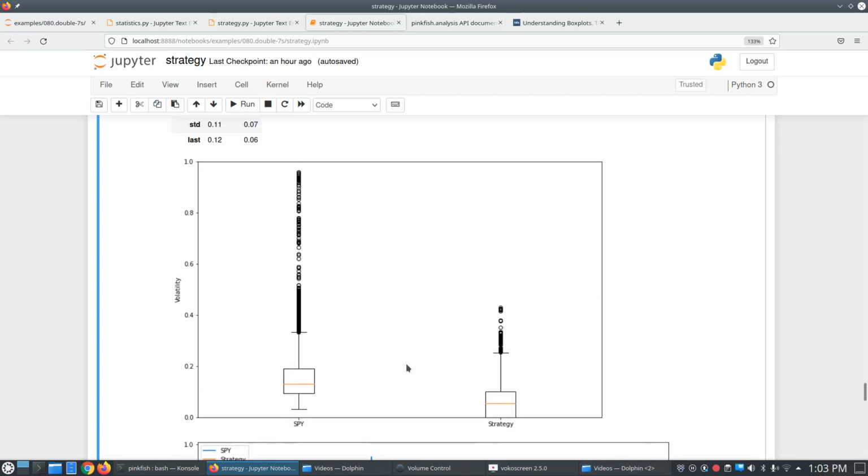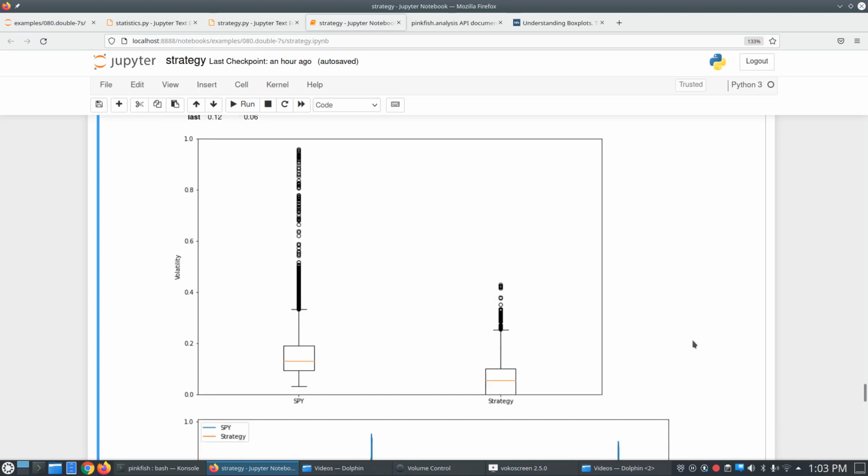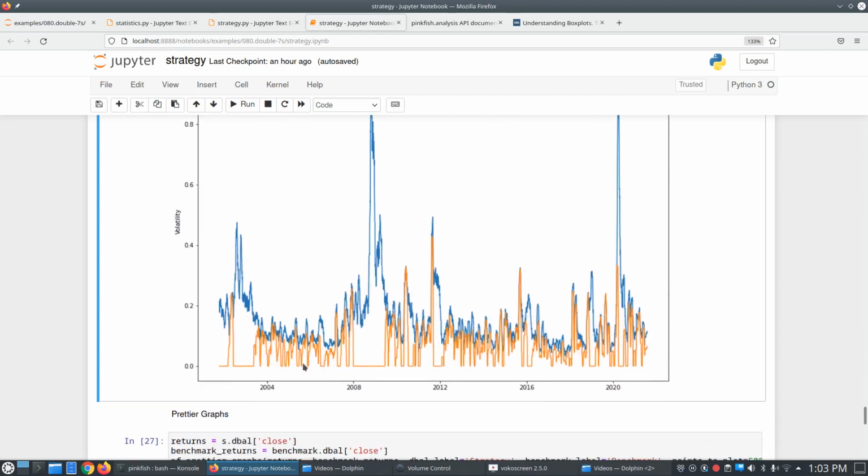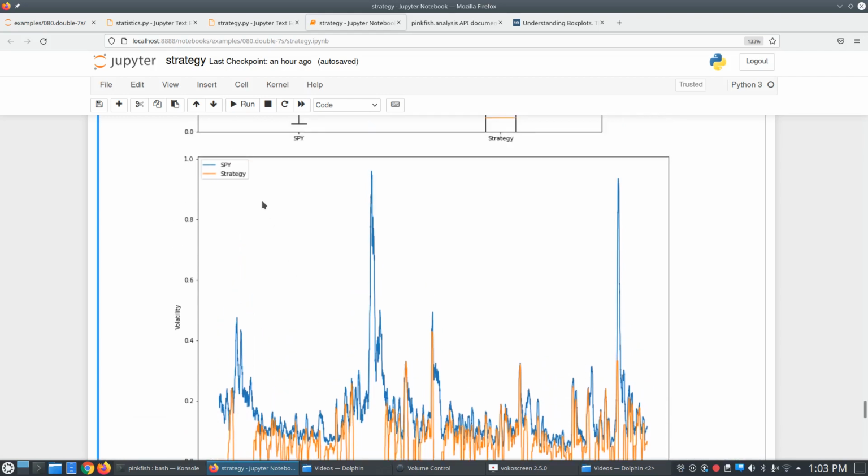I think the most significant thing is all these outliers, though. These are the outliers. They're a lot worse. They're a lot further away from the mean than for the strategy. And there's another graph here that's just a graph of the volatility. We have SPY, the benchmark, and we can see these massive spikes in volatility here.